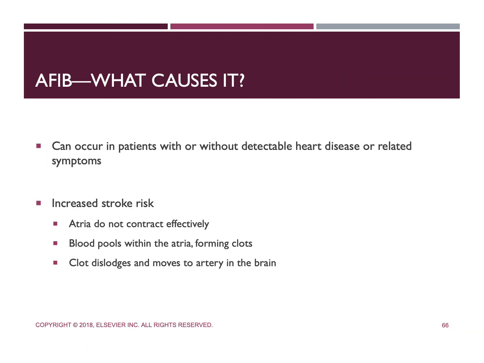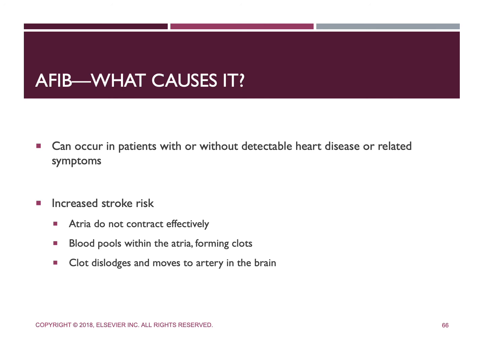Now, although most patients with AFib have some form of cardiovascular disease, it can occur in patients without any detectable heart disease or any relatable symptoms. Patients who do experience AFib are at an increased risk of atrial thrombus formation, which can lead to stroke, peripheral thromboembolism, or even both.